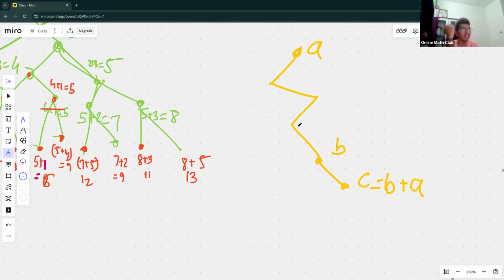That number could be here, somewhere. And if B and C are not coprime, P divides B, P divides C. So P also has to divide A. Okay, so B and A actually are not coprime now.